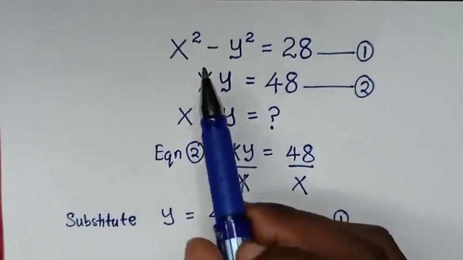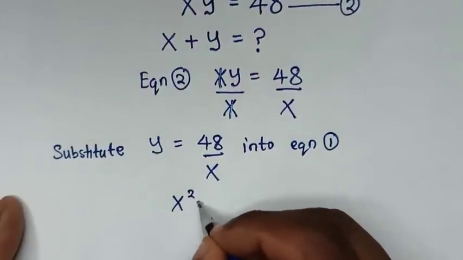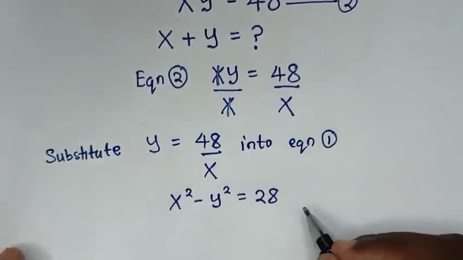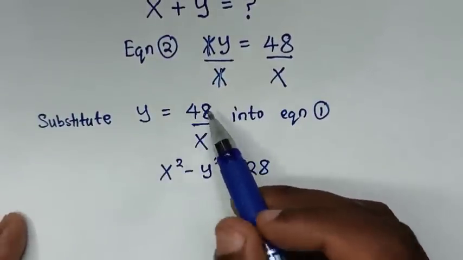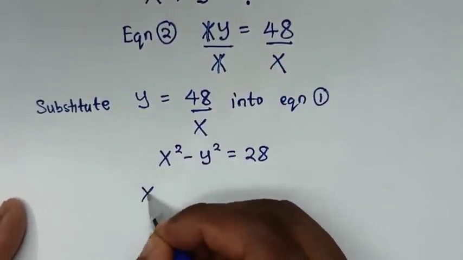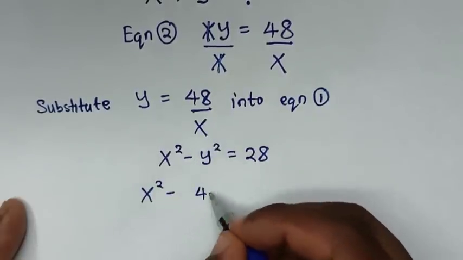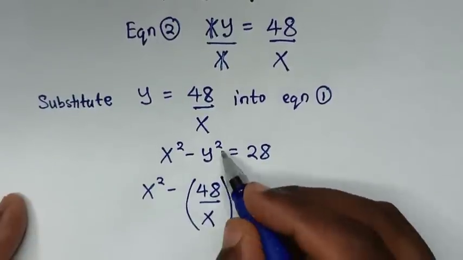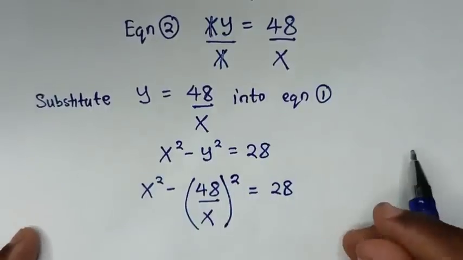So from equation 1, which is x squared minus y squared is equal to 28, we'll substitute the value of y, which is 48 over x. So it will be x squared minus y squared, y is this 48 over x, then bracket this square, is equal to 28.